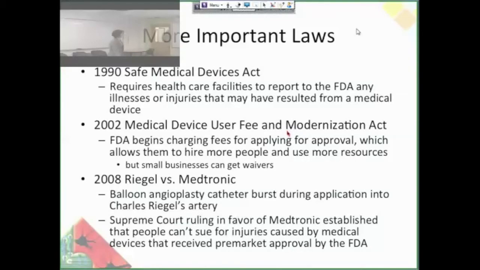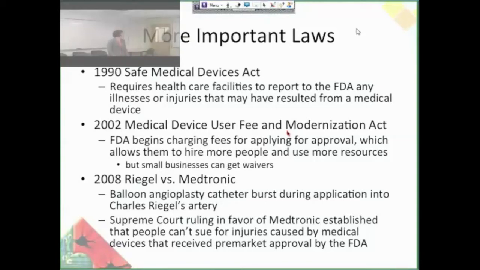And it's not a law, but it's a Supreme Court decision, 2008 Riegel versus Medtronic. This guy, Charles Riegel, had a balloon angioplasty catheter. The balloon burst during application into his artery, and he survived it, but he had severe trauma and injuries the rest of his life, and so he sued Medtronic, saying this was a defective device, suing for damages.